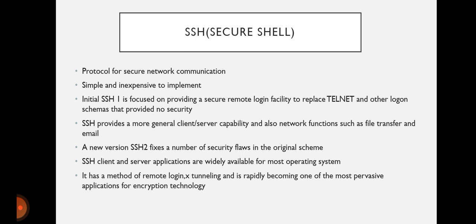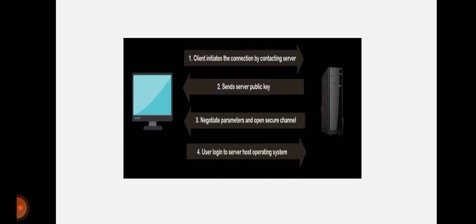The new version SSH2 fixes a number of security faults in the original scheme. SSH client and server applications are widely available for most operating systems. It is a method of remote login and is rapidly becoming one of the most pervasive applications for encryption technology.